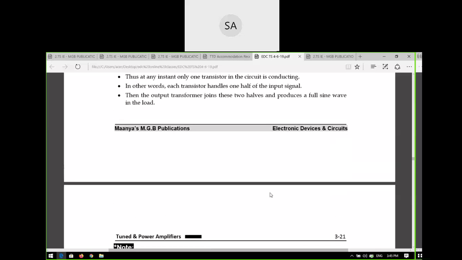So the class B push-pull amplifier will generate crossover distortion because going from the positive cycle it will cross to the negative cycle. Some distortion is present because there is no perfect on and perfect off of transistor Q1 and transistor Q2. So on to off to on have some switching speeds, and the switching speeds are not perfect. They are not quickly off, they are not quickly on. That is the reason some leakage current will flow or some current is not present. So it will have some distortion in the output signal.